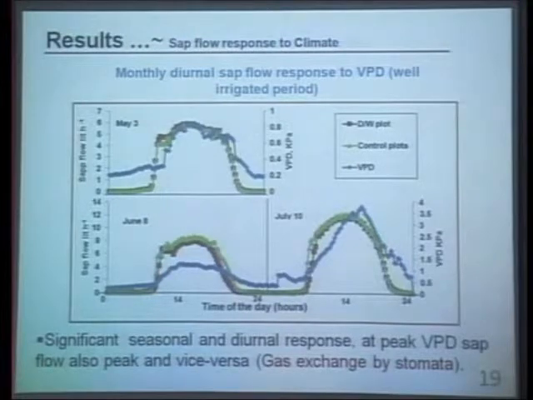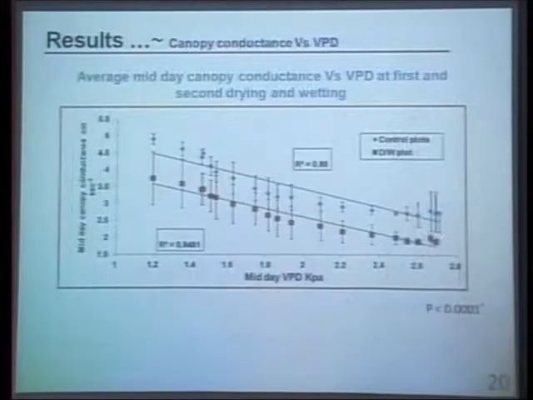A significant seasonal and diurnal response of vapor pressure deficit with sap flow was observed, and at the peak of VPD the sap flow was at its peak. It is because sap flow is strongly affected by the gas exchange phenomena of the stomata.